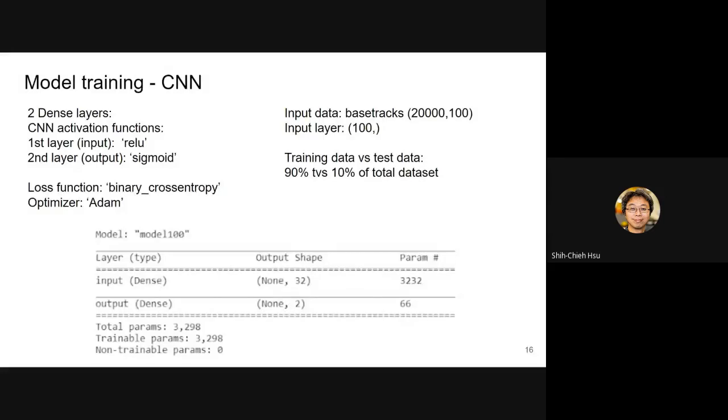Okay, got it. Yes. And also your model, I don't understand your model. You have a 2 dense layer, but in the title you say you want to do CNN. But I don't see any CNN layer in your page 16. I'm confused. And usually we want to have some hidden layer, but you only have an input layer and output layer.